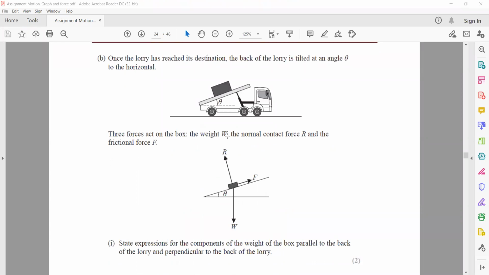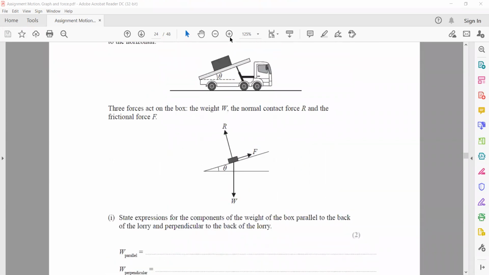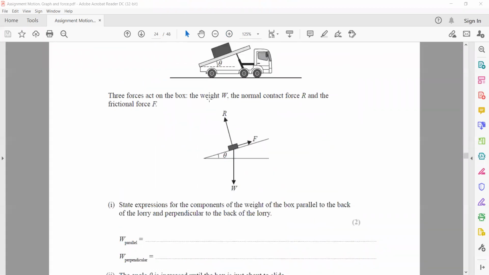Once the lorry has reached its destination, the back of the lorry is lifted and tilted at an angle of theta. State the expression for the component of the weight of the box parallel to the back of the lorry and perpendicular to the back of the lorry.